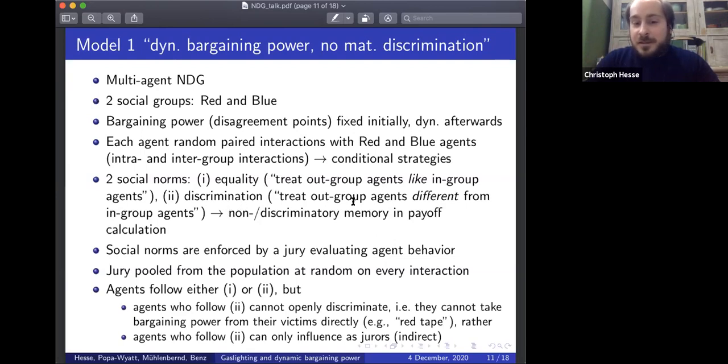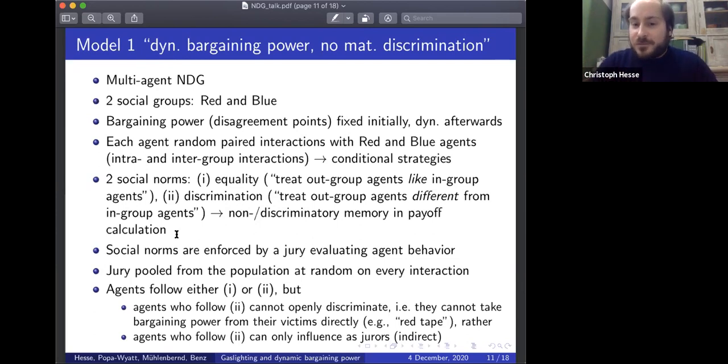And this is done via the memories used in the payoff calculation. So for those of you not familiar, in the Nash demand games, you try to maximize your payoff, obviously. And you do that by anticipating what the potential next move of an opponent is. And you do that by looking at your memories of past interactions with this sort of agent.